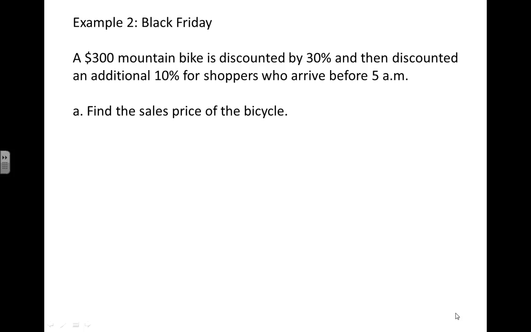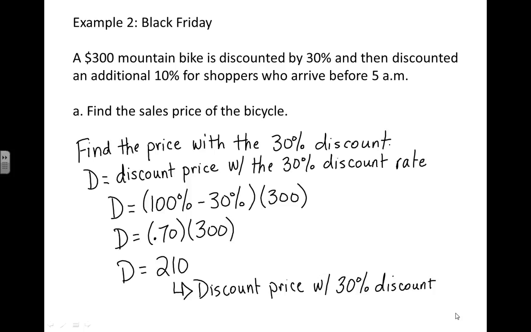A $300 mountain bike is discounted by 30% and then discounted an additional 10% for shoppers who arrive before 5 a.m. Find the sales price of the bicycle. If you find the price with just the 30% discount, let's call D the discount price at the 30% discount rate.